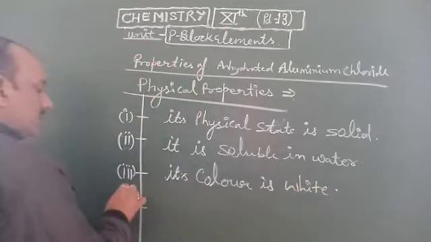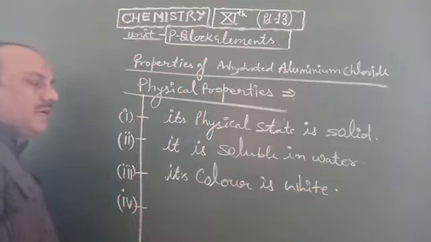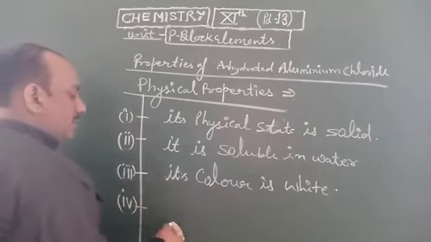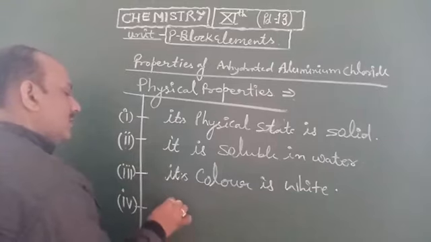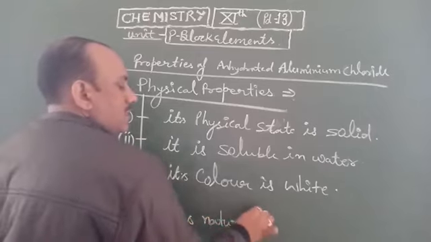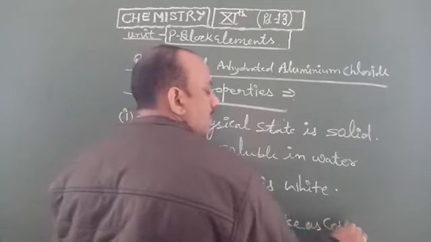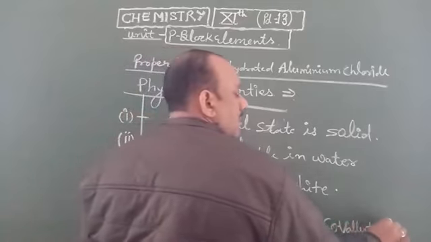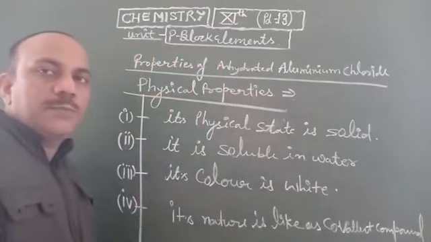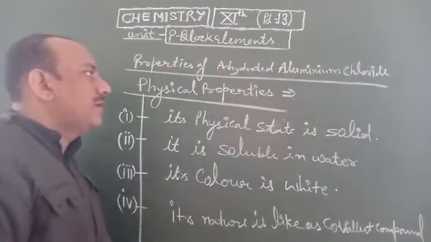Fourth, its nature is like a covalent compound. So these are the important physical properties of aluminium chloride.